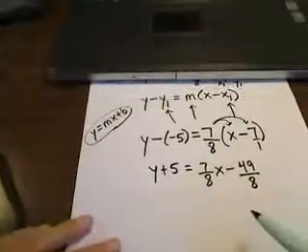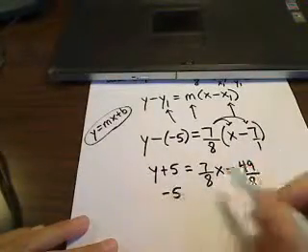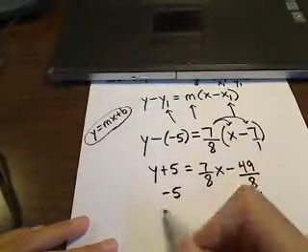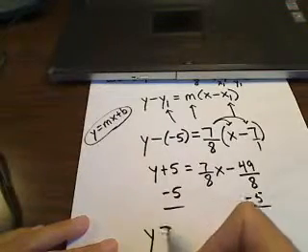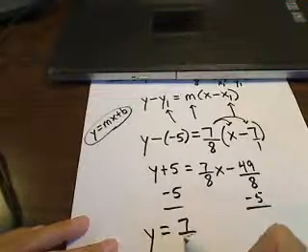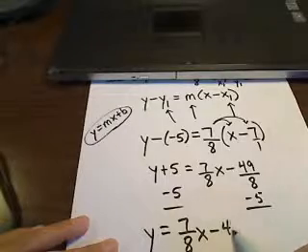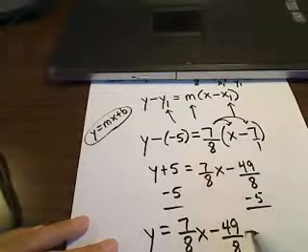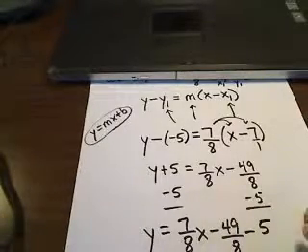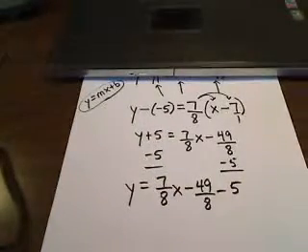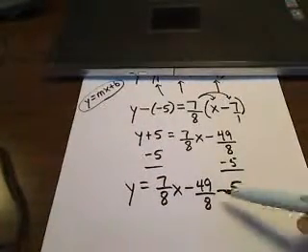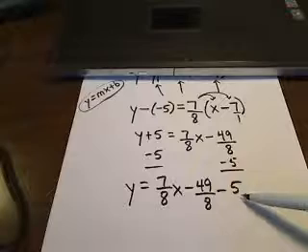Okay, and then I need to subtract the 5 from both sides. So this is going to look like y equals 7/8 x minus the 49 over 8, and then minus 5. And I need to get a common denominator between this number right here and this number right here.